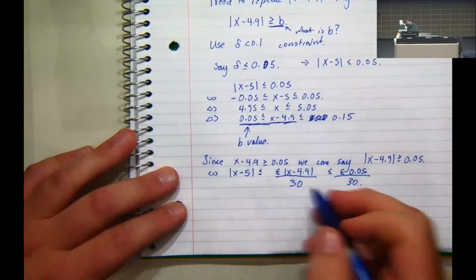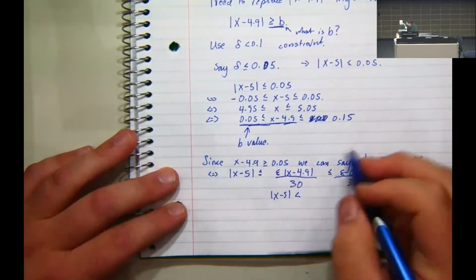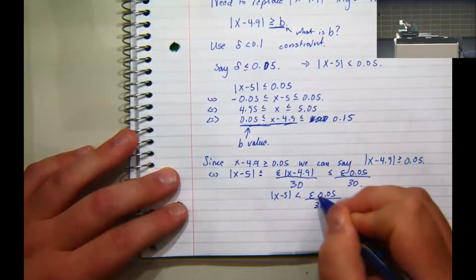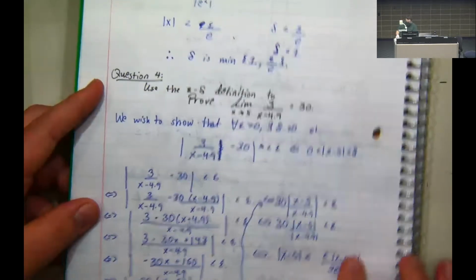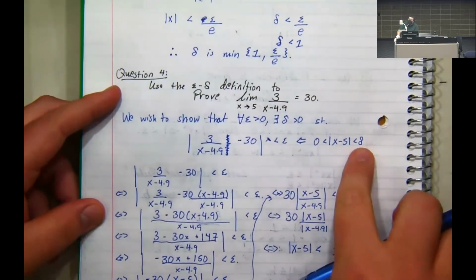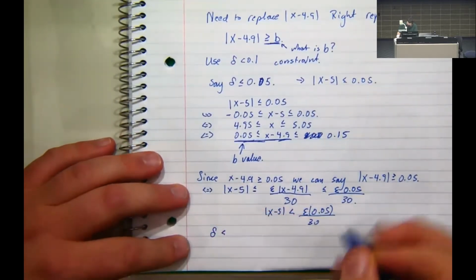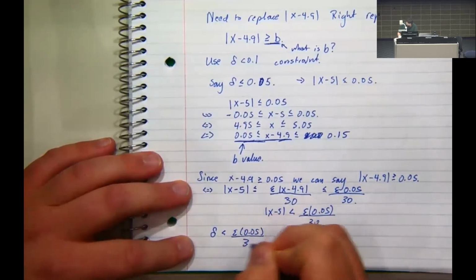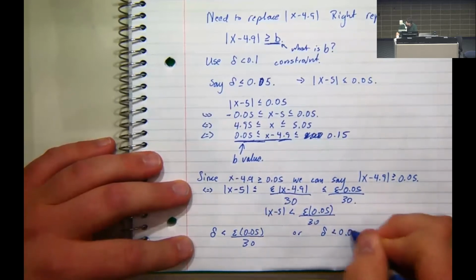So we're now in, let me just write it in one line. So the absolute value of x minus 5 is less than epsilon times 0.05 over 30. This is from our definition here. So we found another restriction for delta. So our two restrictions are delta is less than epsilon times 0.05 over 30, or delta is less than 0.05.